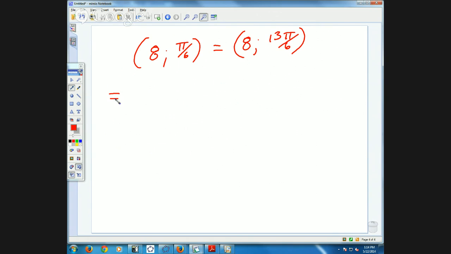I could subtract 2 pi from that, because 2 pi is 1 revolution, and that's going to give me negative 11 pi over 6. You get what I'm saying?